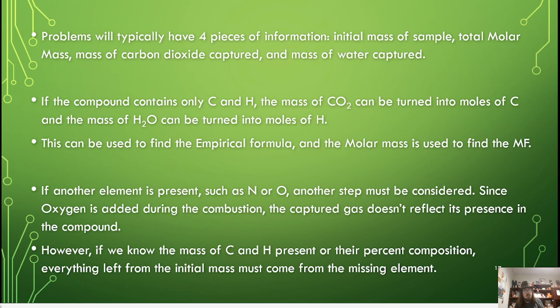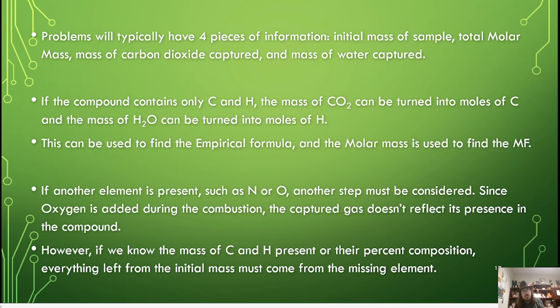And for every 1 mole of water, you get 2 moles of hydrogen, because there are 2 hydrogens in 1 water. And from there, the moles to moles ratio gives us the empirical formula. Once we have the empirical formula, we use the molar mass to find the molecular formula.